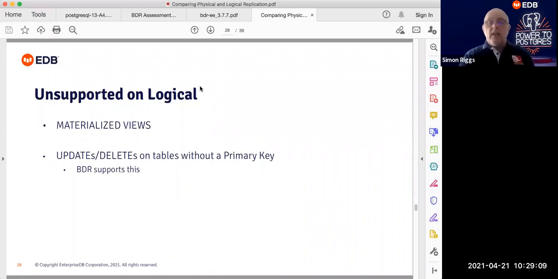Now, actually, BDR does support updates and deletes without a primary key, because that's quite an important use case for some very large databases. But we do need some form of index, even if it's not a unique index, because otherwise it would just be too slow on a large database.